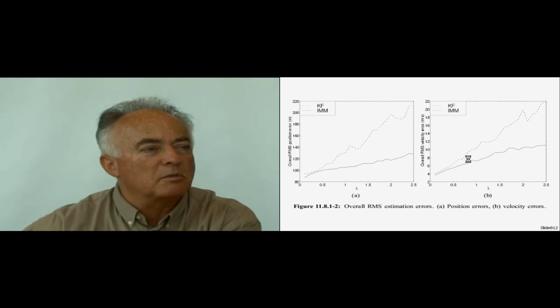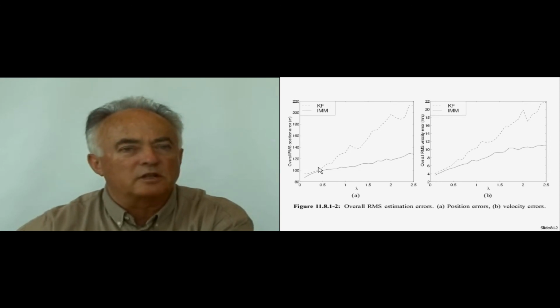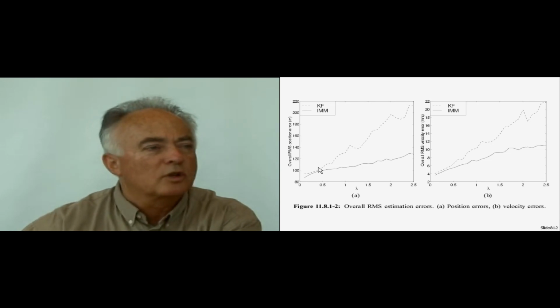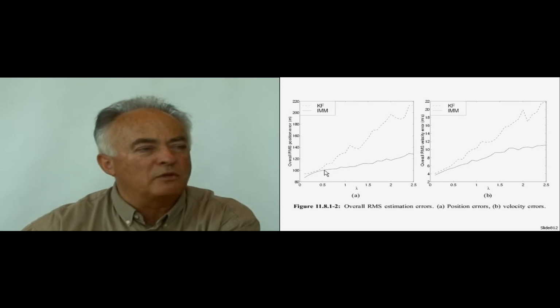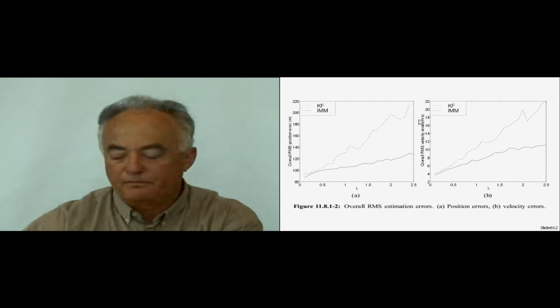The overall estimation errors that's averaged over the entire interval, that includes both maneuvering and non-maneuvering intervals, shows pretty much the same pattern. Up to about 0.5 the difference is pretty negligible. Beyond that it becomes significant.